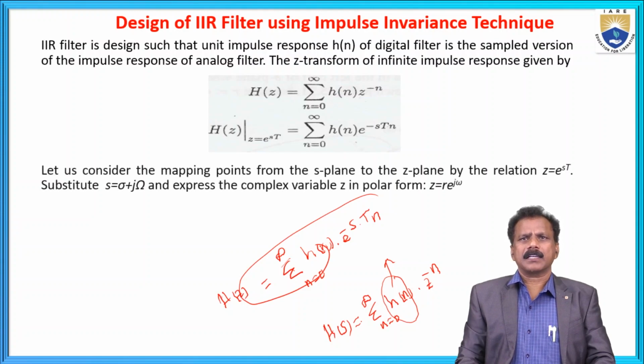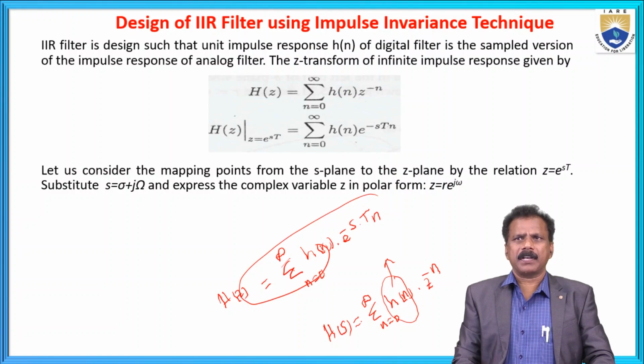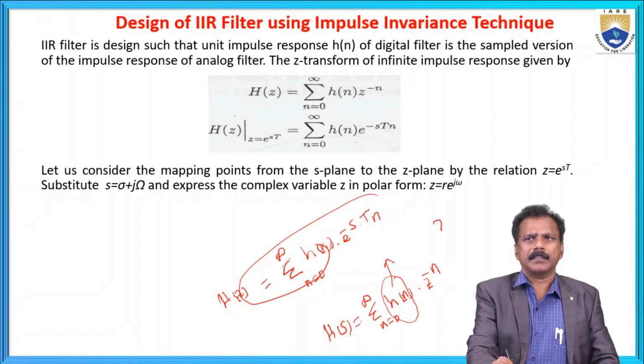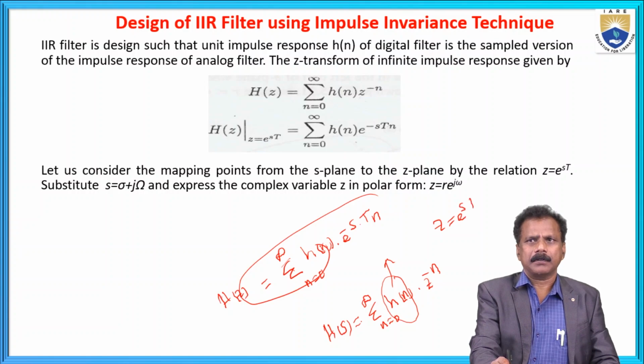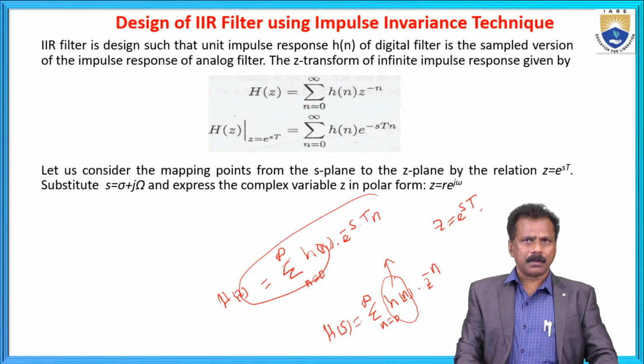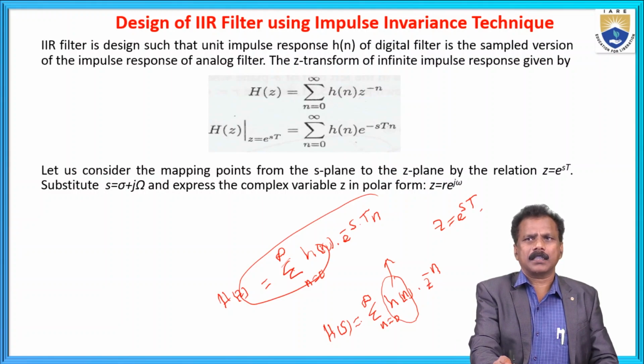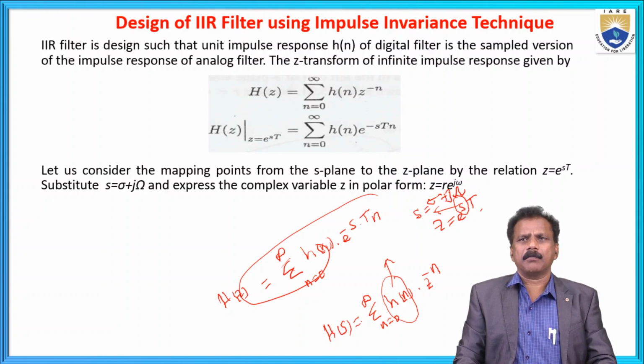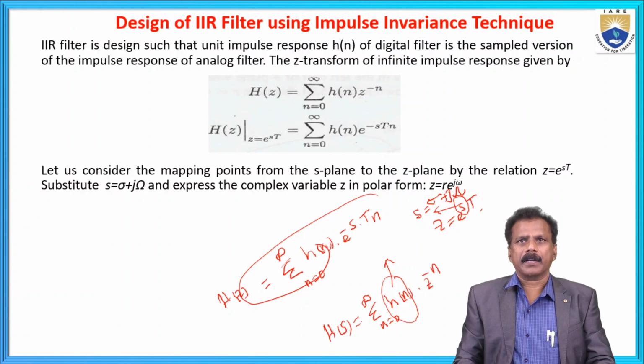Let us consider the mapping of points from the s plane to the z plane by the relation z equal to e power s into T. Here we substitute s equal to sigma plus j omega, and express the complex variable z in polar form, z equal to r into e power j omega.